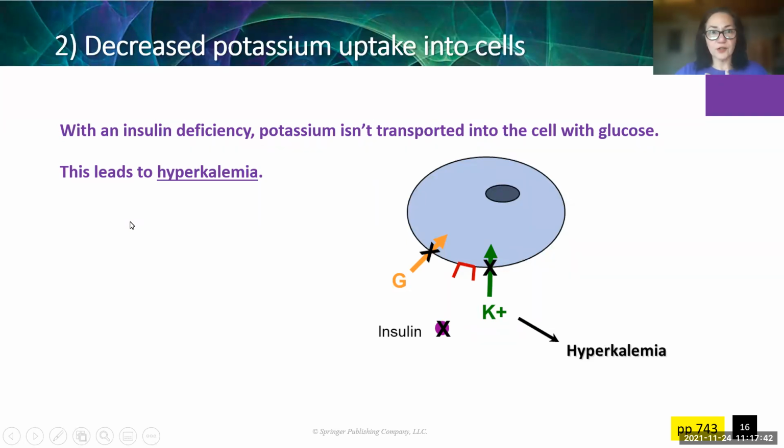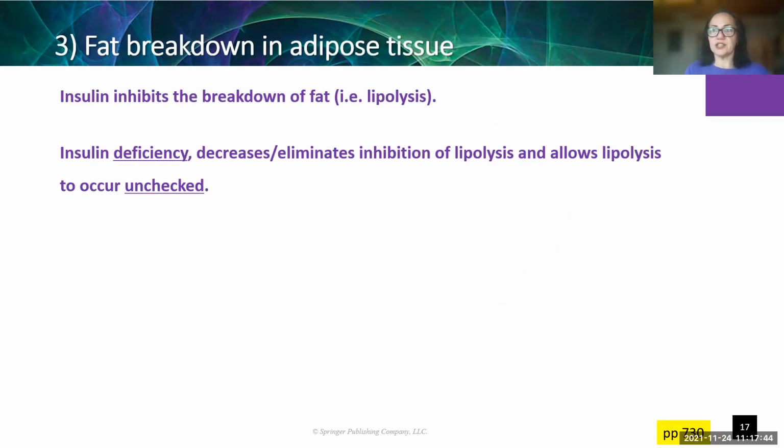And then the third complication of not having enough insulin is the fat breakdown in adipose tissue, which sounds like a great problem to have, except that it gets to be an extreme problem. Insulin inhibits the breakdown of fat. It actually interferes with lipolysis, the breaking up of fat in the adipose tissue.